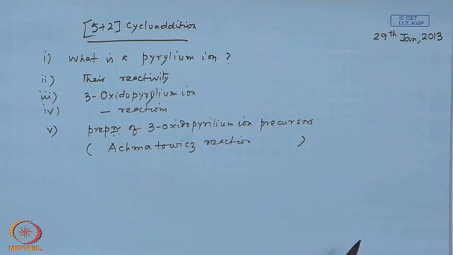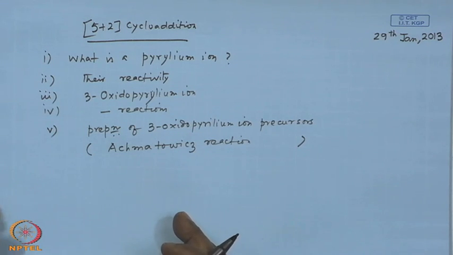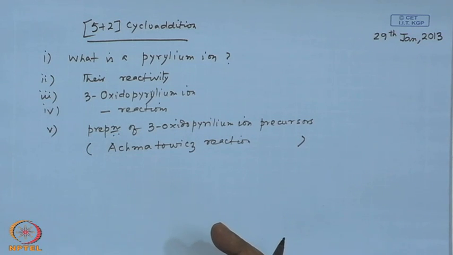Okay. And before we talk about all these things, let us just very briefly look at what aromatic ions are. How many kinds of aromatic ions are you familiar with? When I say aromatic ions, the commonest one is, because you will be using it, Cp minus.